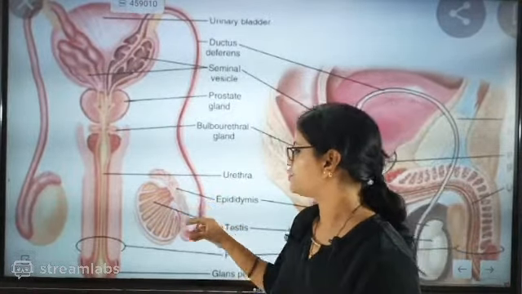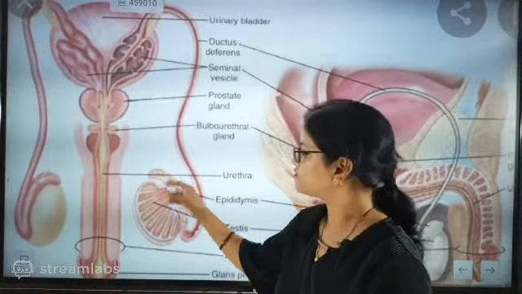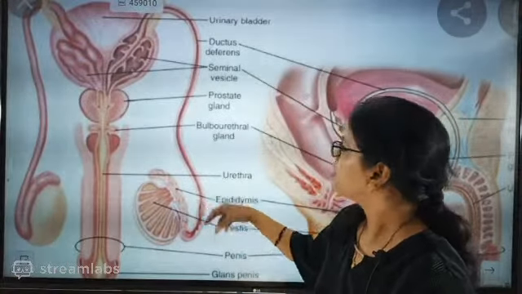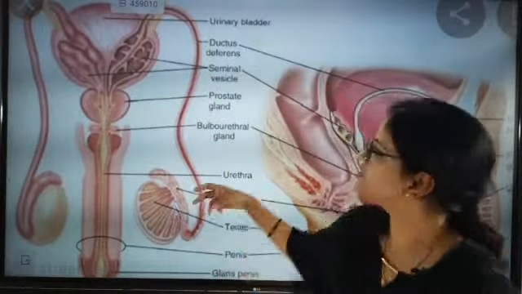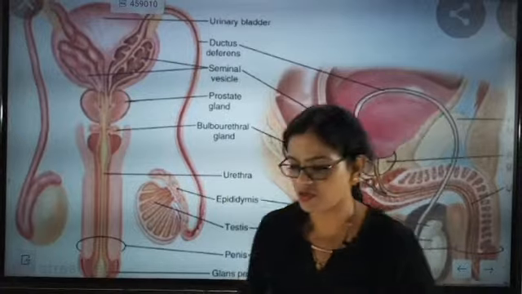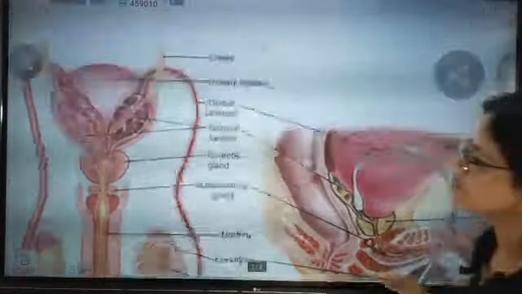After the testis produces sperms, the sperms will be stored in the epididymis, and from there the vas deferens will take them. It's a muscular tube that is going to take the sperm towards the seminal vesicle.